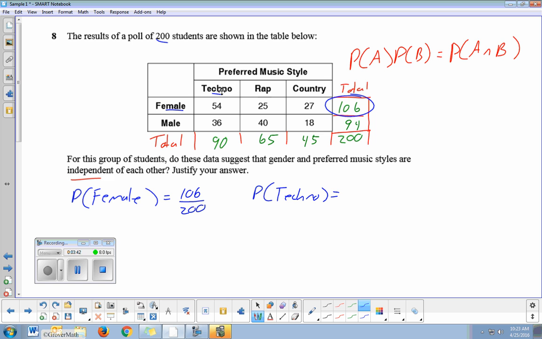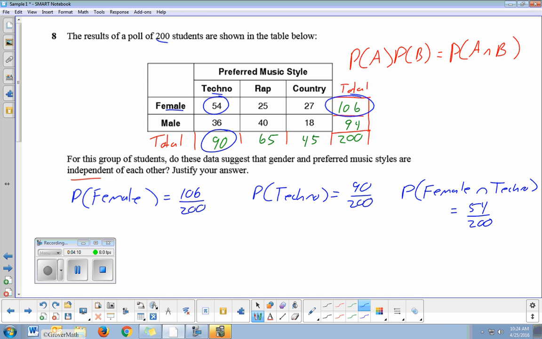Well, there are a total of 90 students out of 200 that like techno. What is the probability that a student selected at random out of the 200 is female and likes techno? That probability is 54 out of the 200.